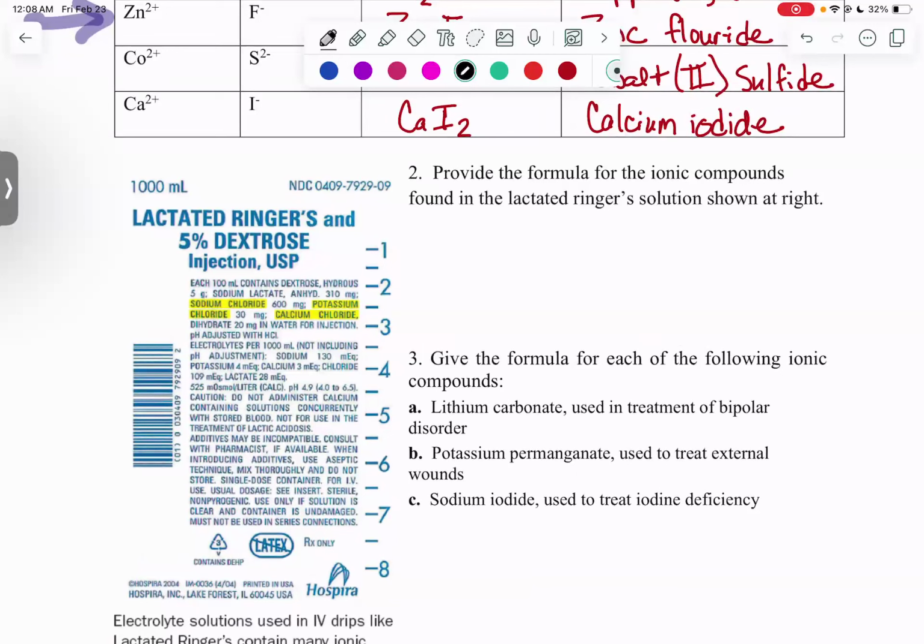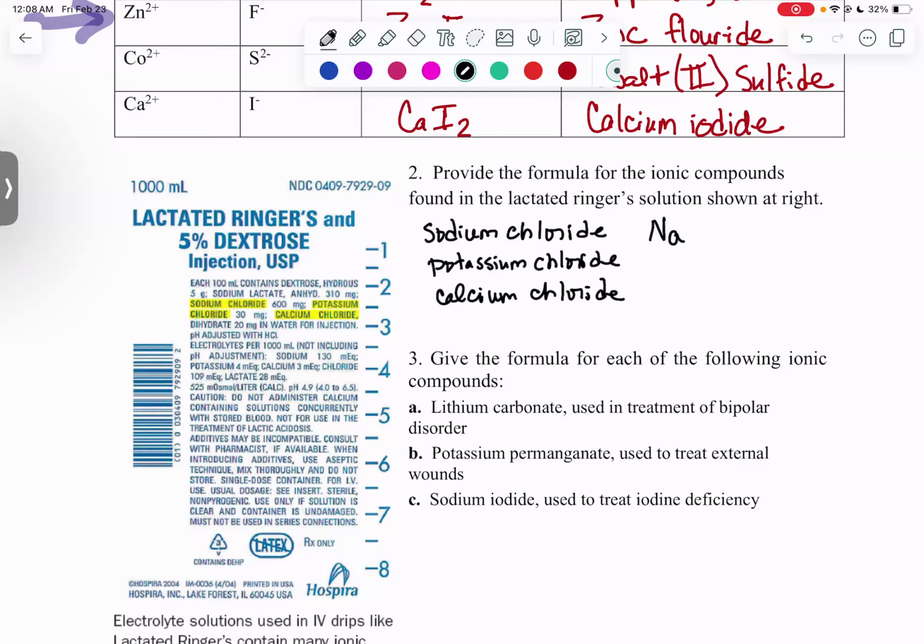Okay, so the names that we have are sodium chloride, potassium chloride, a bunch of chlorides here, calcium chloride. So all I did was pull out those that were highlighted yellow. So in order to do this, all I have to do is find out what is my ion symbol for each of them. Na plus, Cl minus.